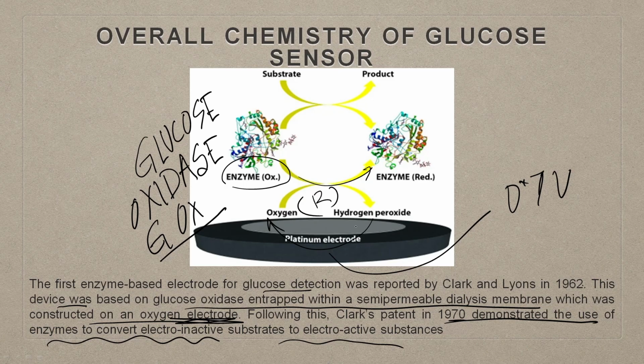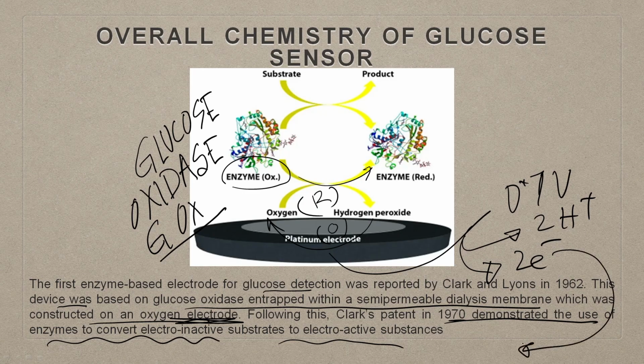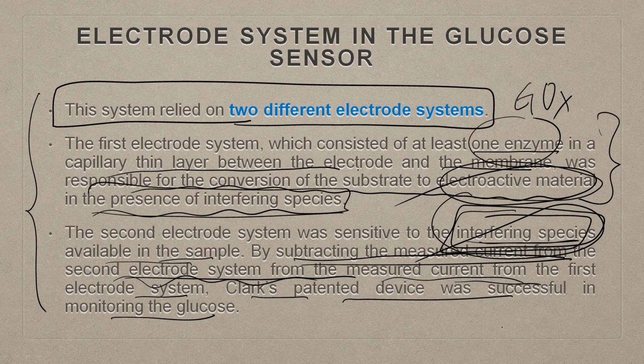So, in this oxidation reduction process, two electrons and two protons are generated. These two electrons could be quantified, and you can understand how much glucose is getting consumed in the process or how much glucose is present.